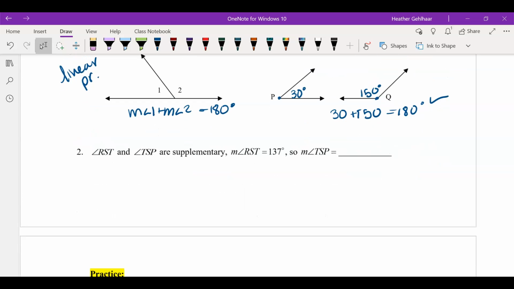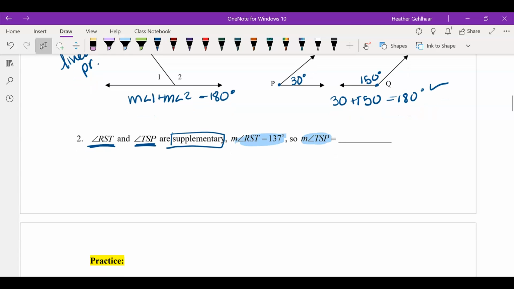The next example here is another one similar to the one we just did. This is saying the angles RST and TSP are supplementary angles. If we know one of the angles, RST, is 137, what is the measure of angle TSP? Now, what I'm going to do first is actually draw this, because drawing our pictures is pretty tricky for us.